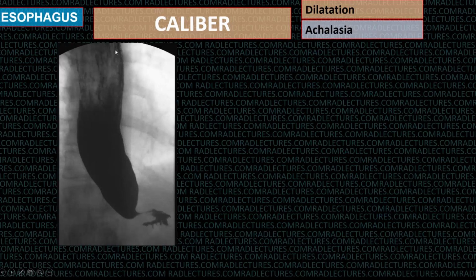And what happens is when you give contrast, the barium keeps on filling up until it reaches a certain level where it overcomes the resistance of this narrowed lower esophageal sphincter, and it begins to empty into the stomach. The gastric air bubble is empty.